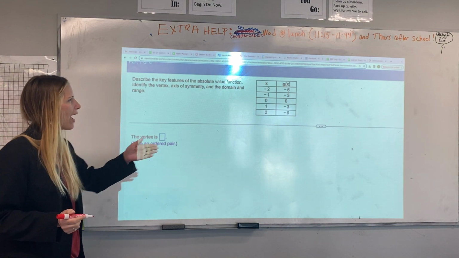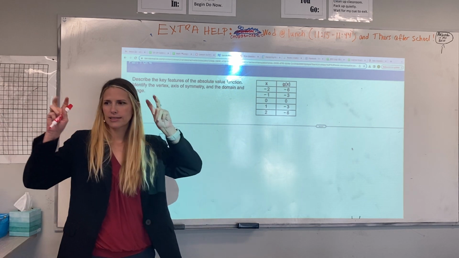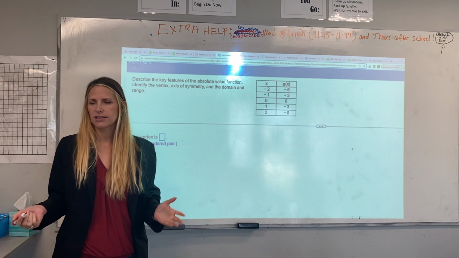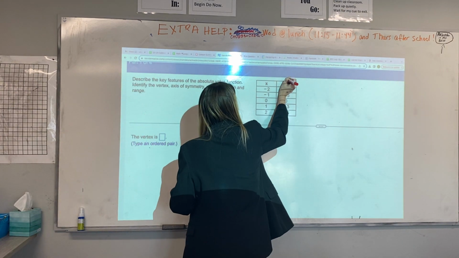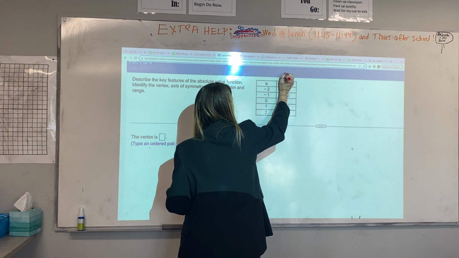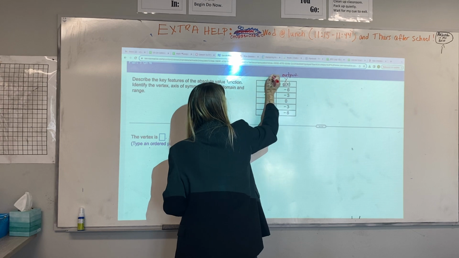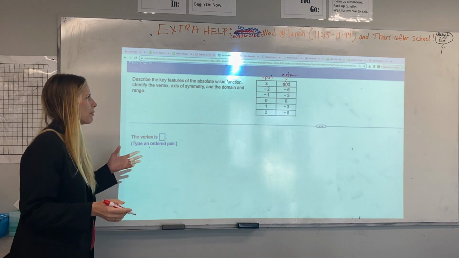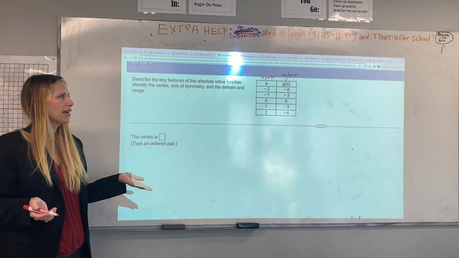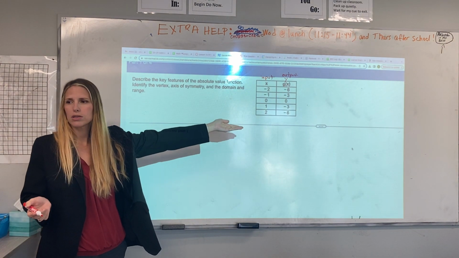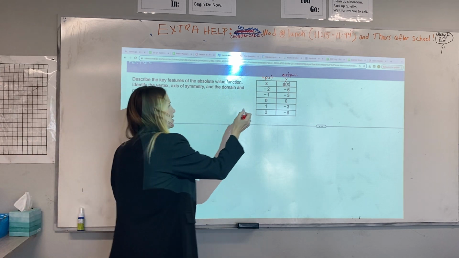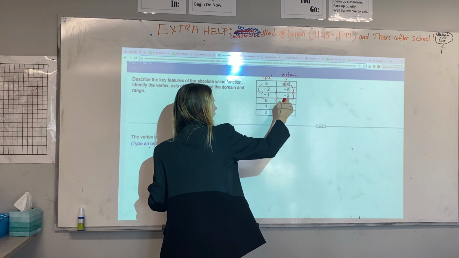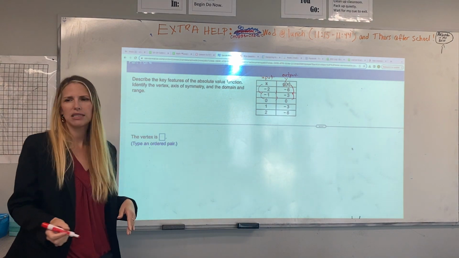So we have our x and y table, or our x and the function of x table, which we all know is the same thing as our y, or the same thing as the output, as this is our input, right? There are a couple of different ways to do this. I would just go ahead and graph those points. These are coordinate pairs, x, y. Go ahead and graph them and see what they look like.